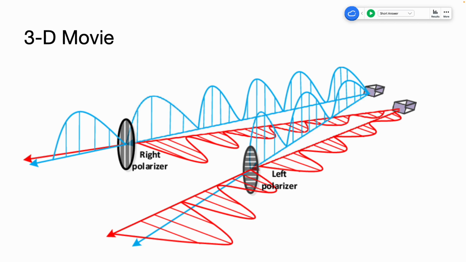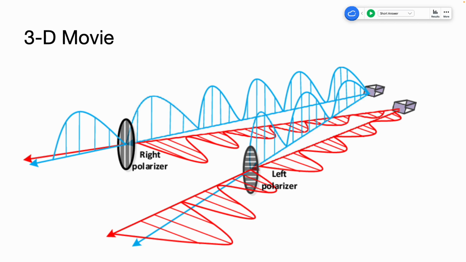Those glasses are actually two polarizers with two different polarizations. So your left eye will only see one image, and your right eye will see the other image. Your eyes see two different images, and that's how you see a 3D effect. Okay, that makes a lot of money with a very cheap object, the polarizer.